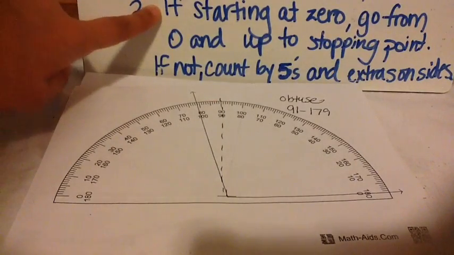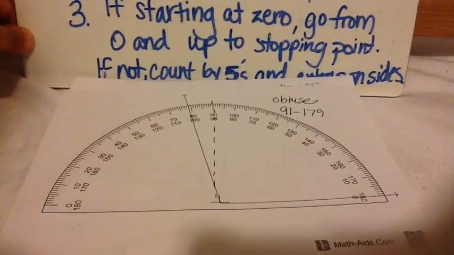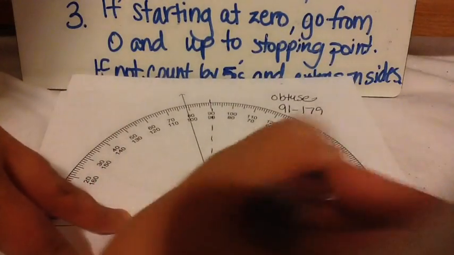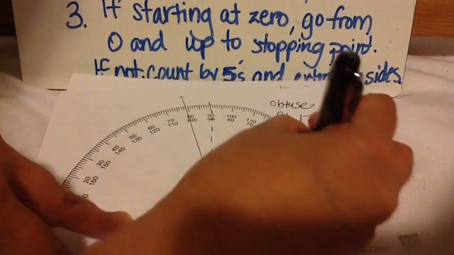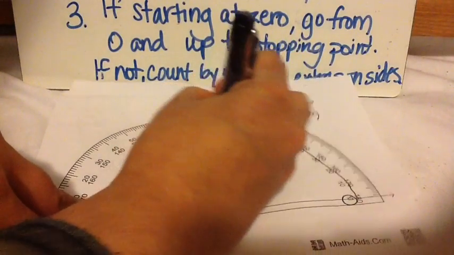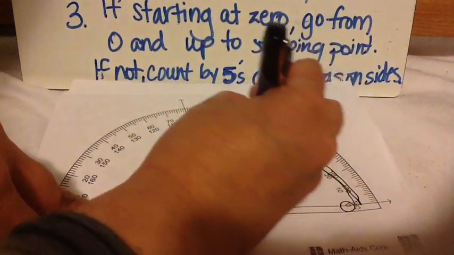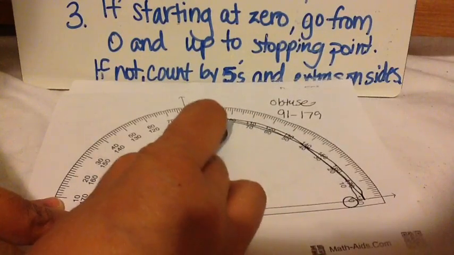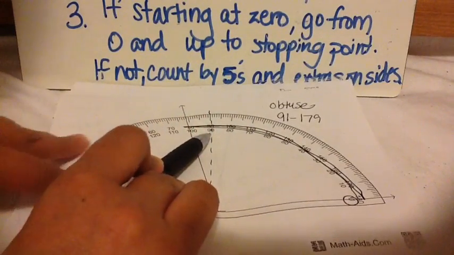So same thing, if starting at 0, go from 0 and up to the stopping point. So it is starting at 0 right here. So 0, 10, I'm going to circle that and I'm going to separate it just so I know. Or you can even cross it out. I mean, you do what works for you. 0, 10, 20, 30, 40, 50, 60, 70, 80, 90, obviously more than that.